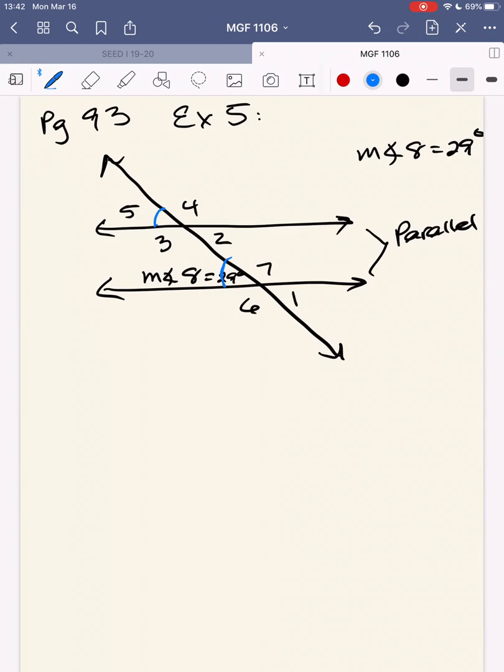These two have to be the same if they're parallel lines. Okay? I have the measure of angle 8 is equal to the measure of angle 5, which is 29 degrees.